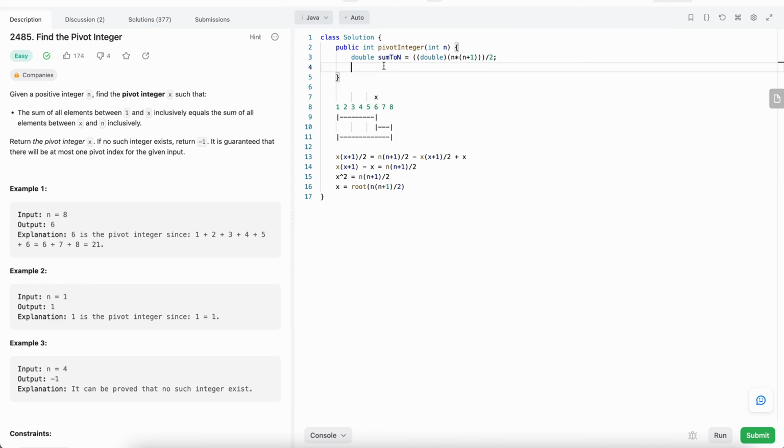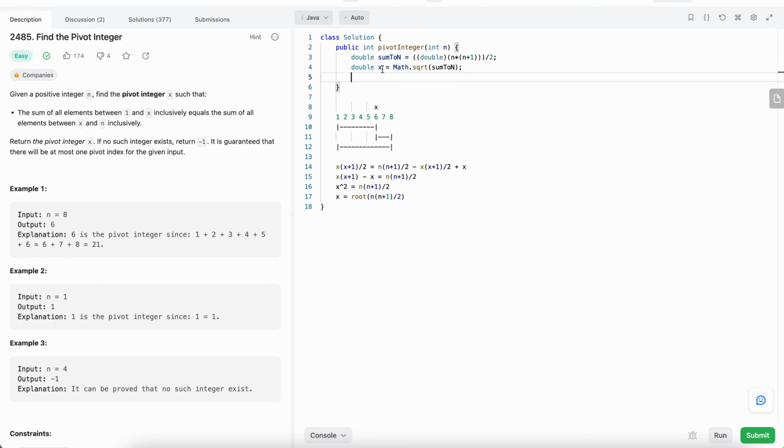And then we'll say double x is equal to Math.sqrt of sumToN. But it could be now that this is not an integer, because there might not always exist an integer, in which case it'll be -1.